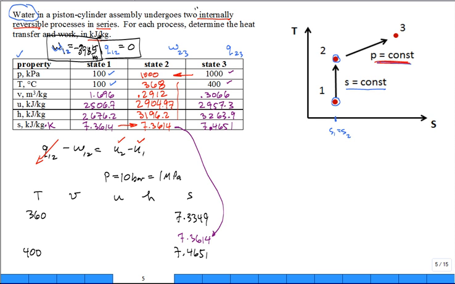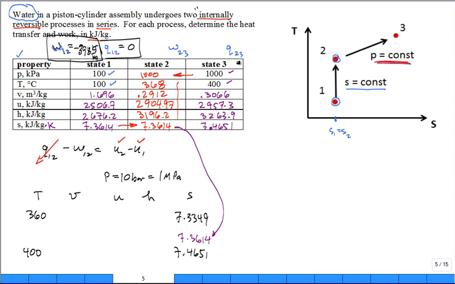Now, we have to calculate the work 2 to 3 and the heat transfer 2 to 3. What do you think? Neither of them are 0. That's exactly it, from the basic definition of work.